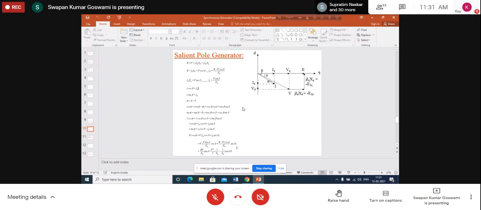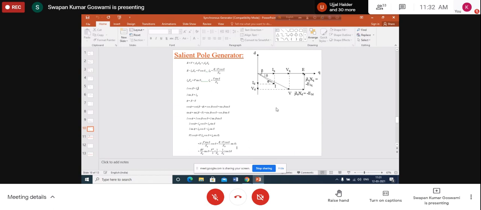There is the rotor, surrounding it the stator, and in between there is a gap, the air gap. In a cylindrical rotor machine, that gap is uniform everywhere.